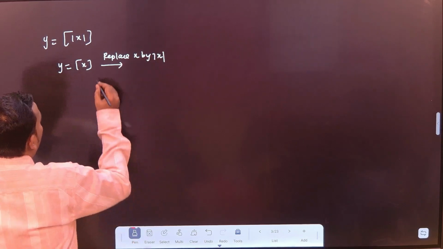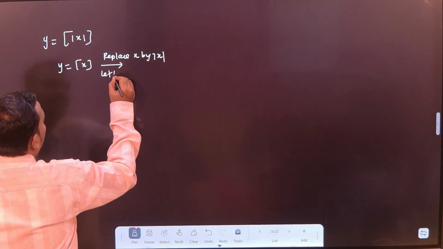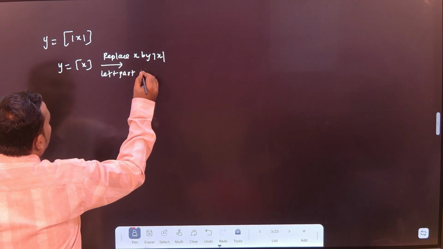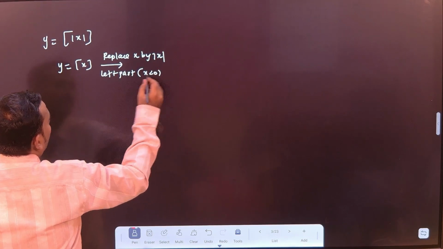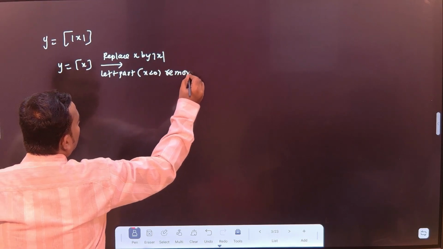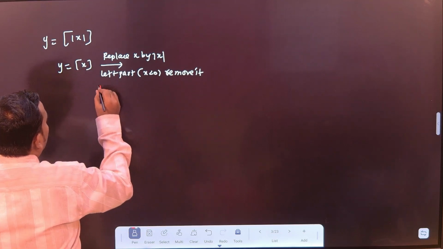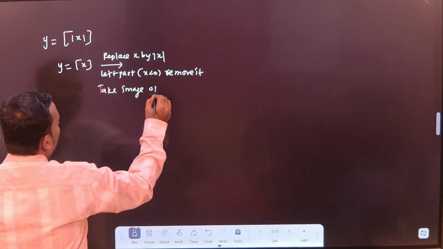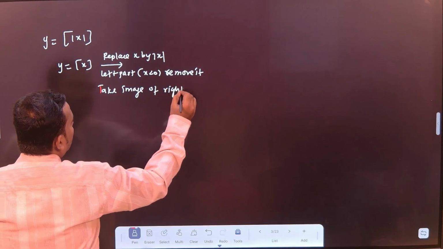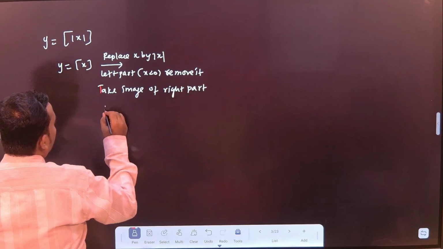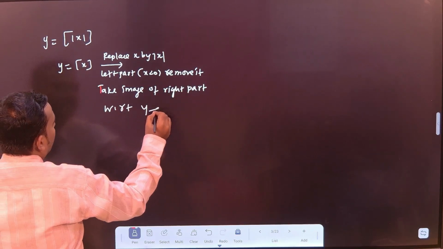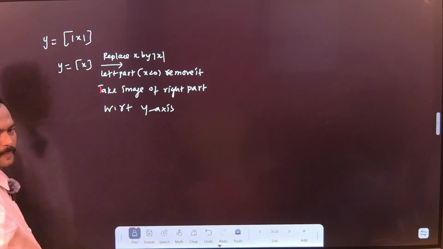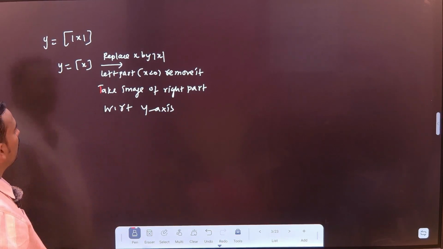That means the left part, x less than 0, remove it, take the right part, and take the image of the right part with respect to y axis.